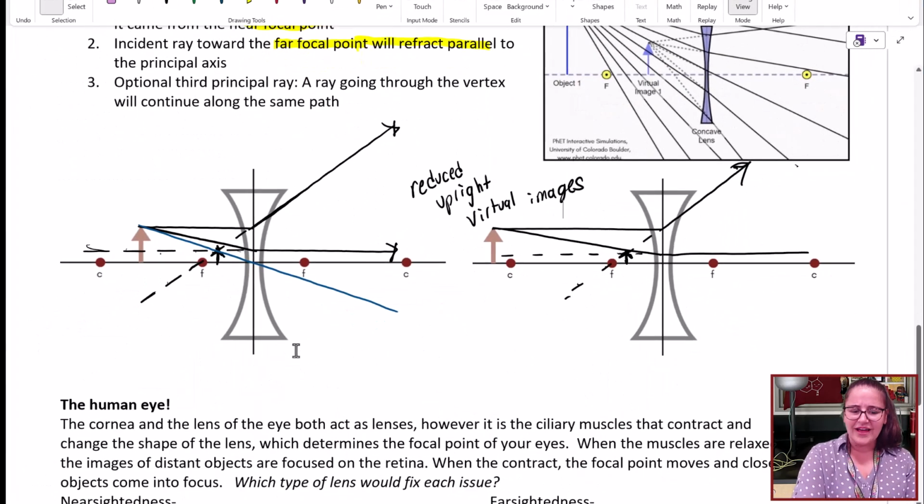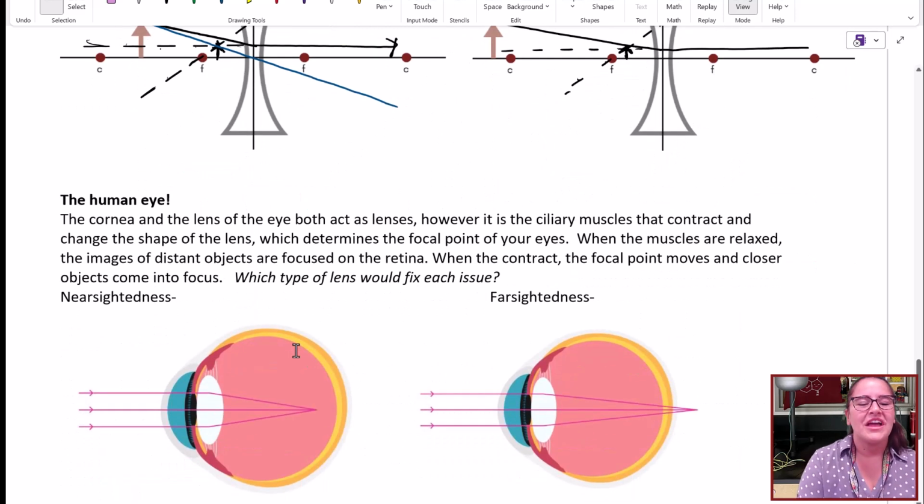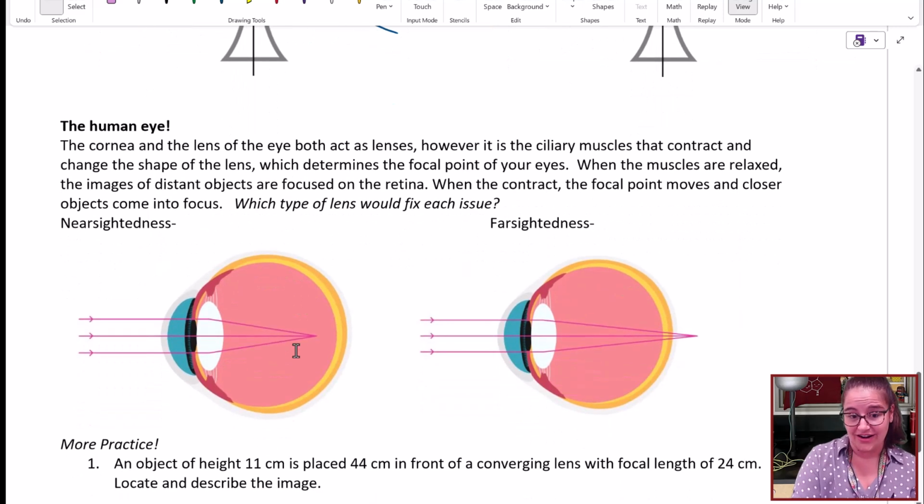So let's talk a little bit about why I'm wearing these glasses. We have two things acting as lenses in our eyes: the cornea of the eye, this part, and this part right here. However, the most important part of that is these ciliary muscles. Those are these guys, right here.